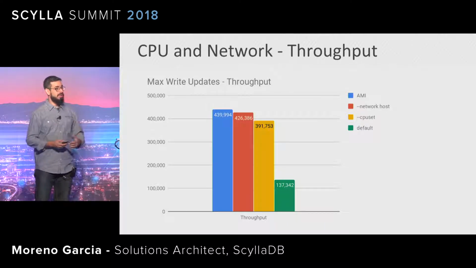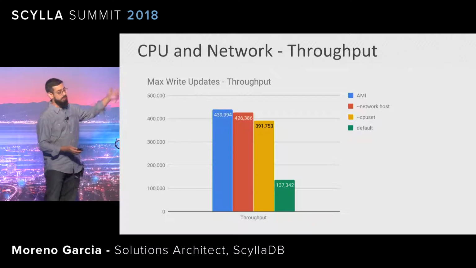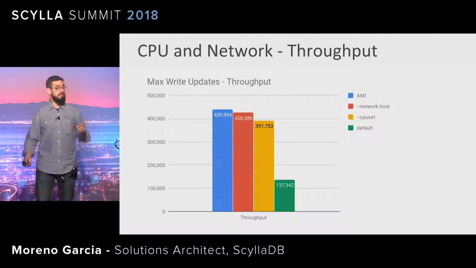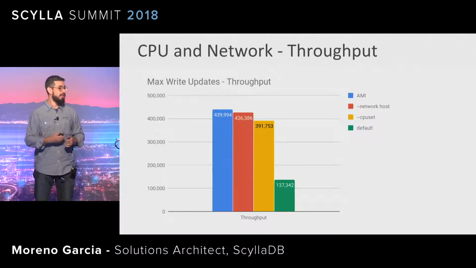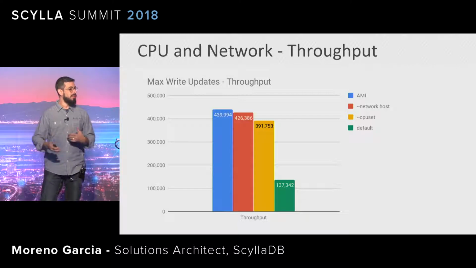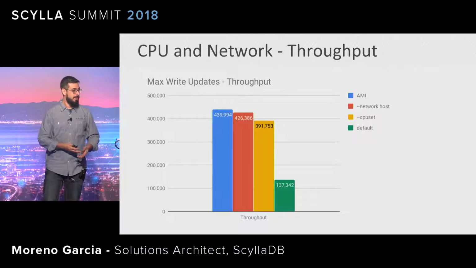And then we started comparing to the AMI, which is the blue graph, wondering why the difference was so big. The first thing we noticed is that the CPUs were getting hit by interrupts and by other things running on that host that Docker was running on.